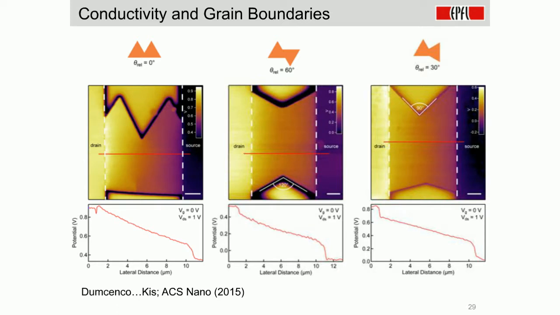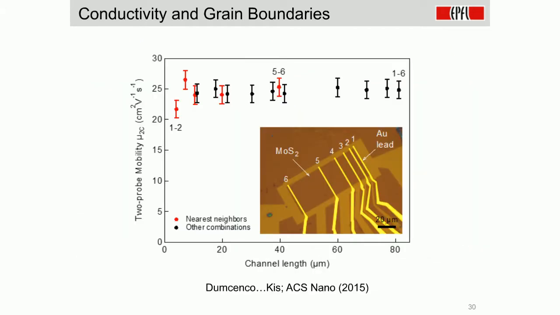And then if you make a large area device out of this film and measure its two-contact electrical mobility, this is an example of such a device that we made. You have an optical image on the bottom, and between the first and the last contact, labeled 1 and 6, you have something like 80 microns of distance, and we expect to see maybe 15 to 20 grain boundaries.